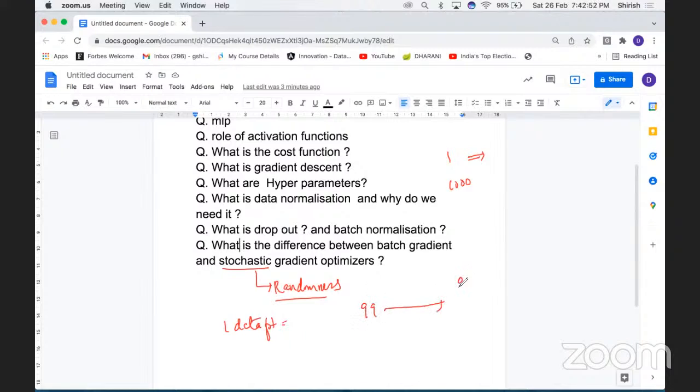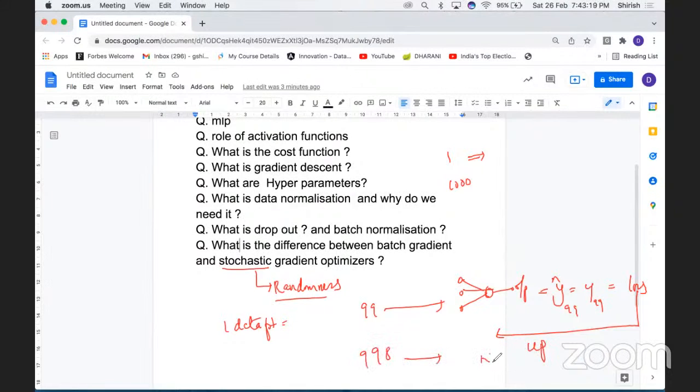It will pass through the network, get the output, get the y hat for 99, compare it with y for 99, get the loss, go back, and update the weights. Again, it takes 98 or 998 randomly, passes it to the network, calculates the loss, goes back and updates the weights.